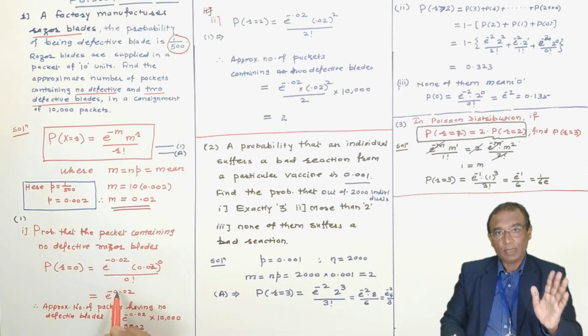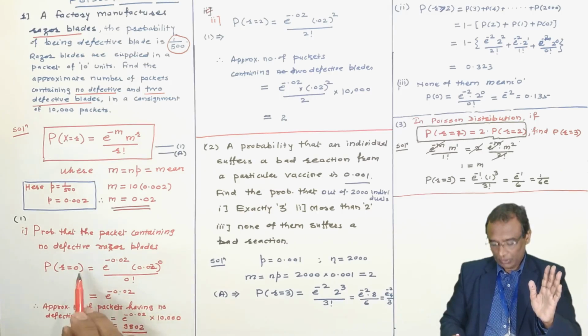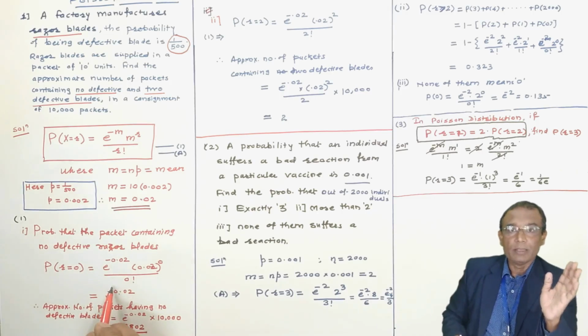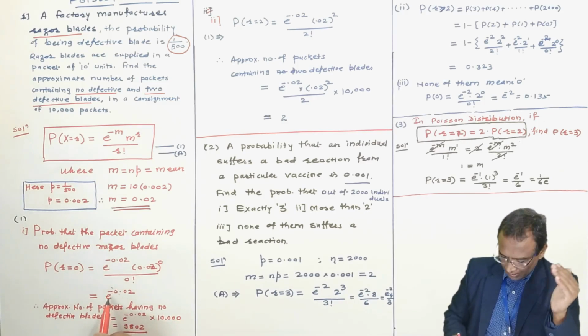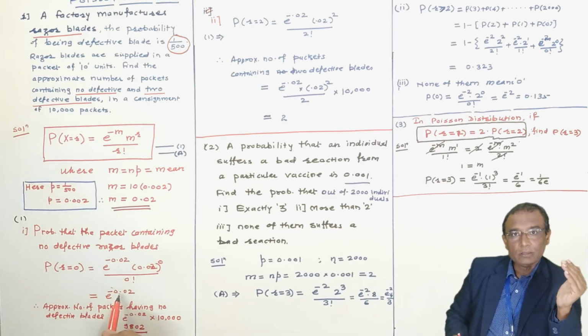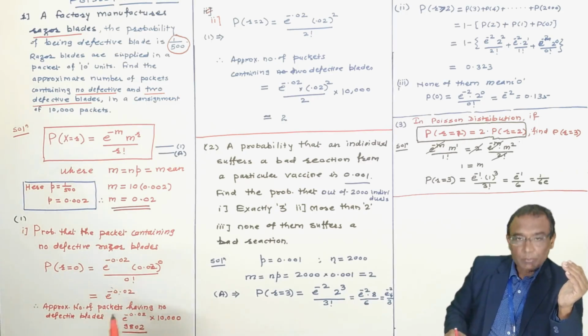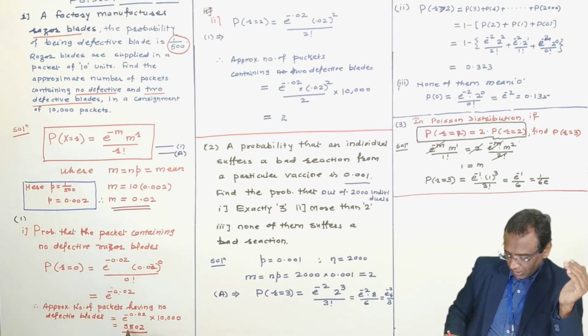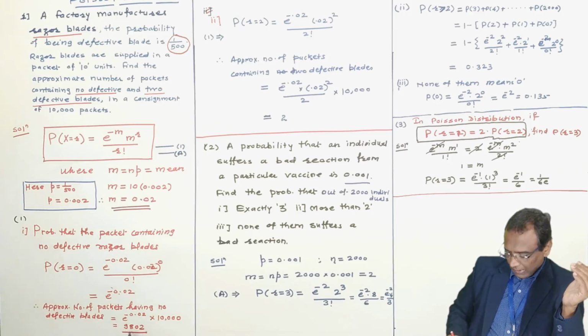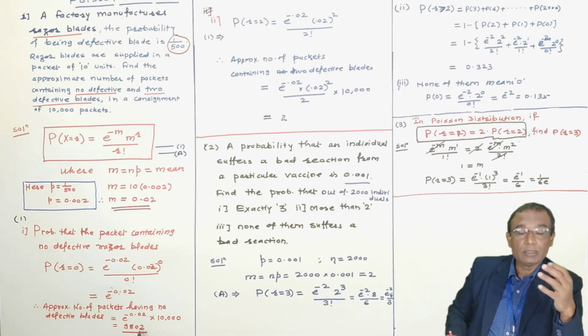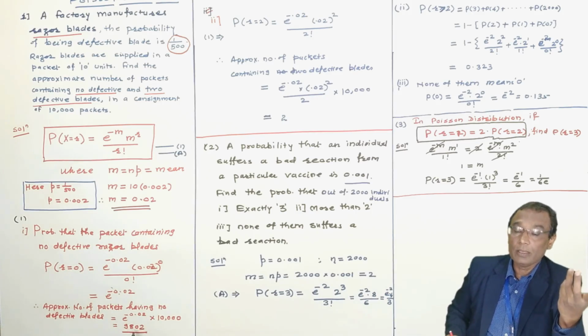The probability that there are 0 defective blades in a packet is e to the power minus 0.02, and this multiplied by 10,000 gives 9802, the approximate number we want. So there are 9802 packets in a consignment of 10,000 containing no defective blades.